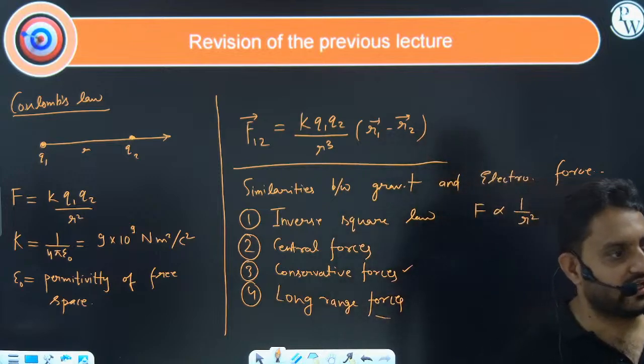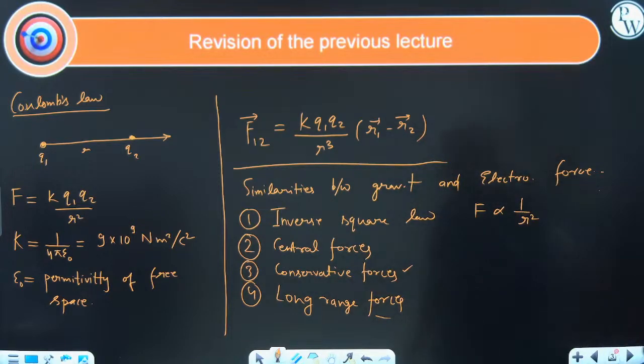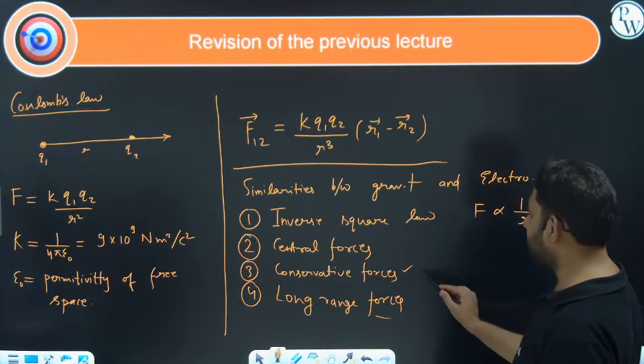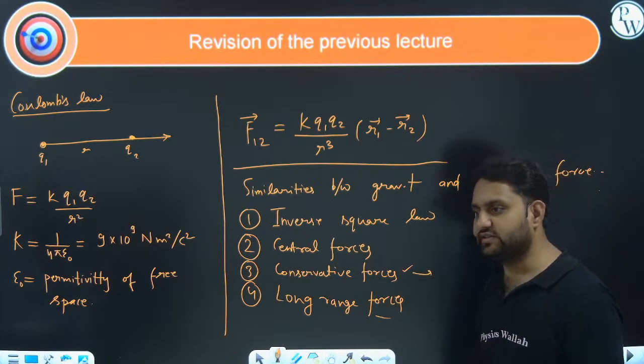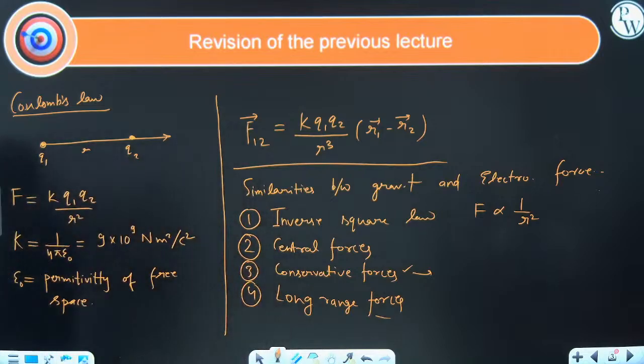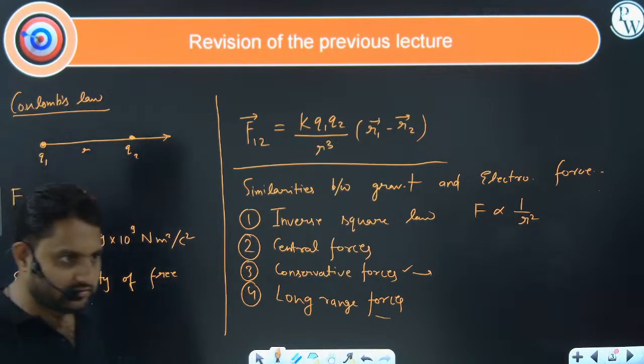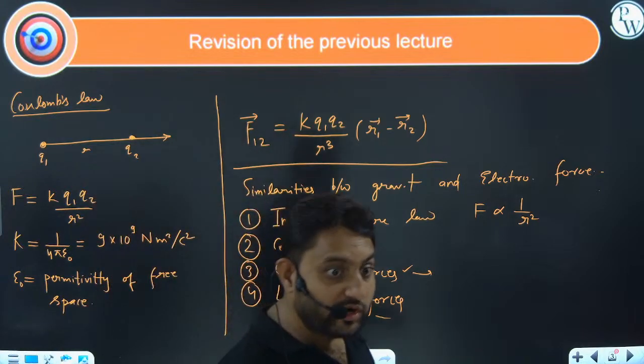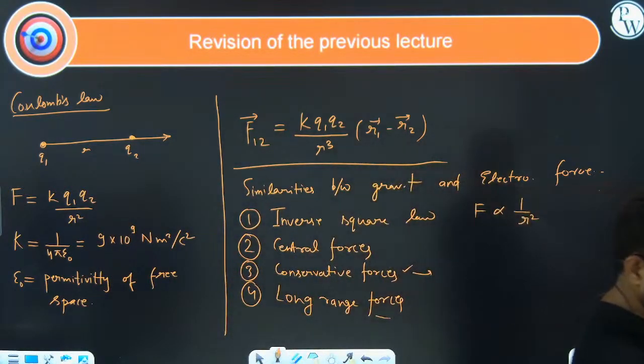It depends on the initial position and final position. For a conservative force, we define potential energy and potential. Potential energy or potential is only defined for conservative forces. Long range forces means they can act up to infinity. For any distance they can work.